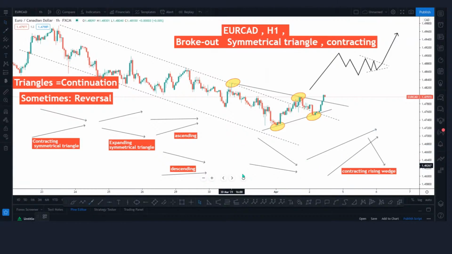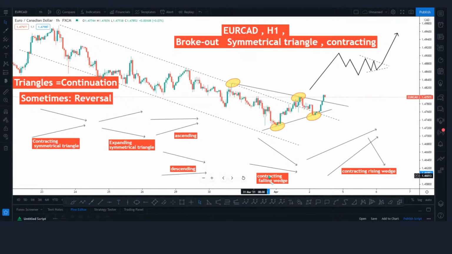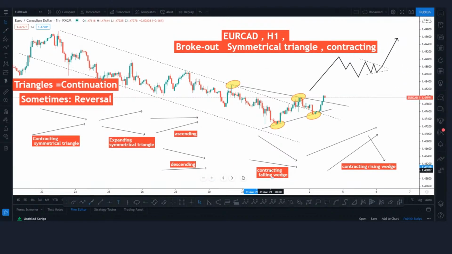So call it a contracting falling wedge. So you get an idea of corrective shapes across multiple time frames.